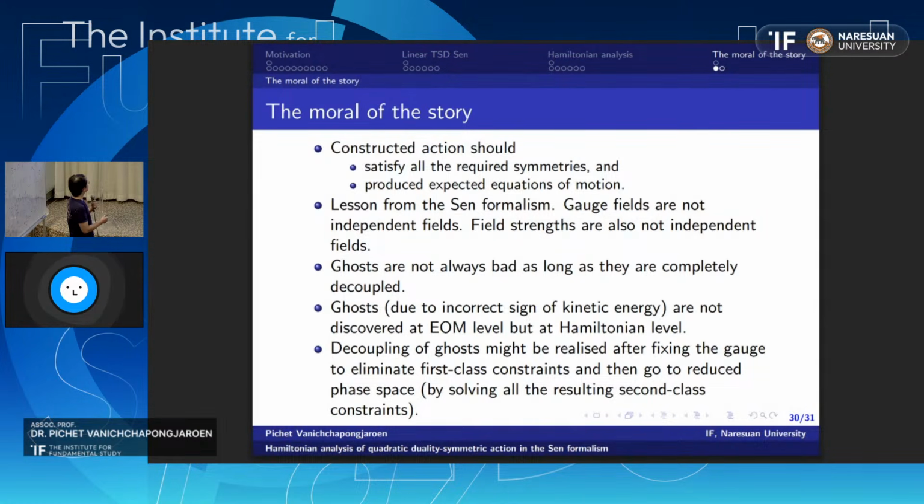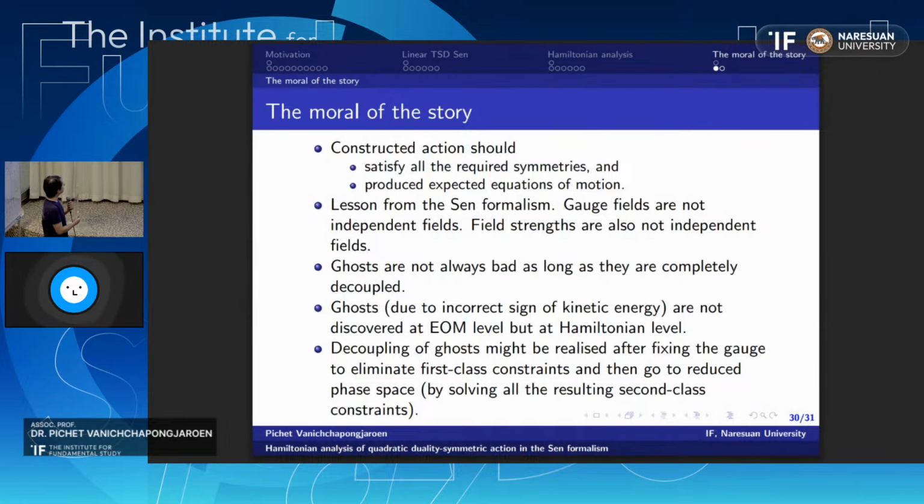And then the lesson, especially from the Sen formalism, which again I'm not sure is relevant here, is that the gauge fields are not independent fields. The field strengths are also not independent fields. They are composite fields. And also that gauges are not always bad as long as they are completely decoupled.